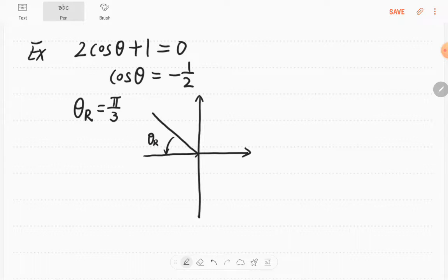If we let this angle be theta 1, then theta 1 should be equal to 2 pi over 3, because its reference angle is pi over 3.